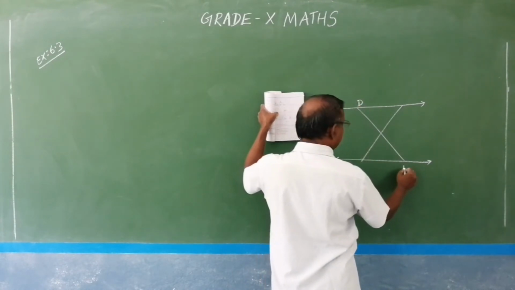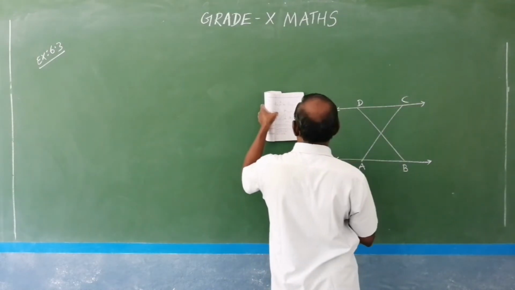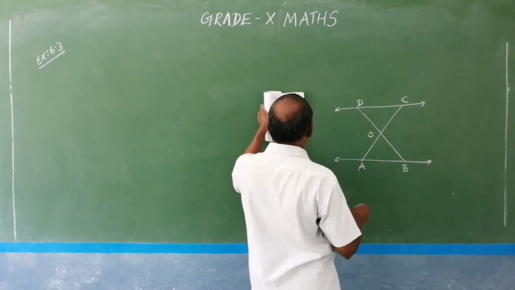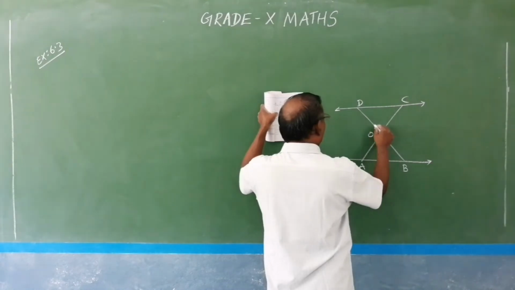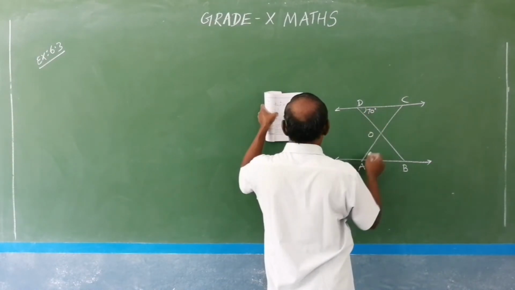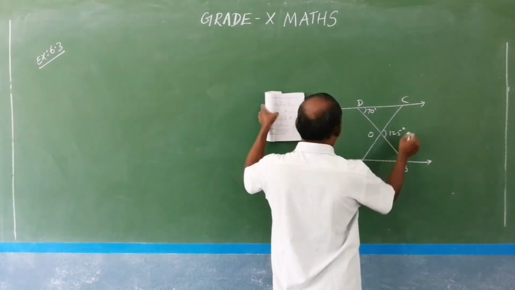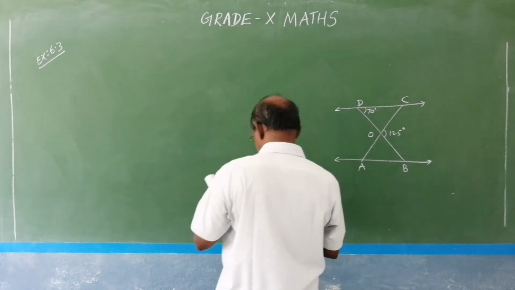One is DB, another one is AC. They intersect at the point O, and it is given that angle ODC equals 70 degrees and angle COB equals 125 degrees.